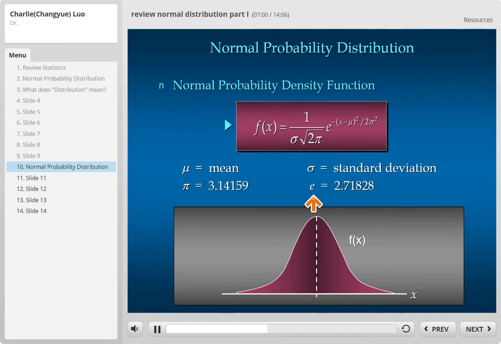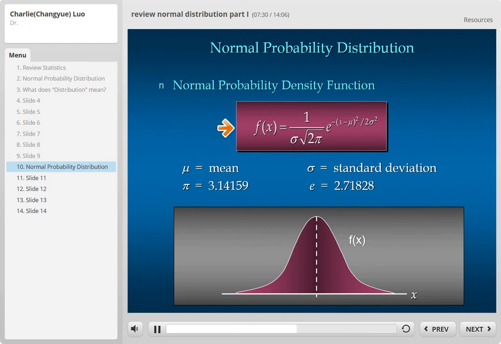Now, this formula here, we sometimes call a normal probability density function. In this course, we don't cover what is a density function at all. Instead, we need to learn how to use normal distribution.